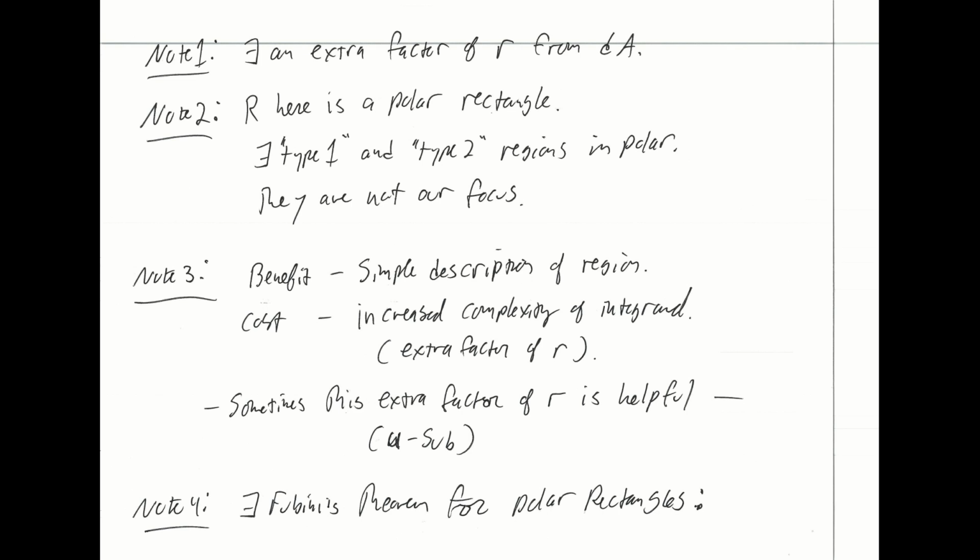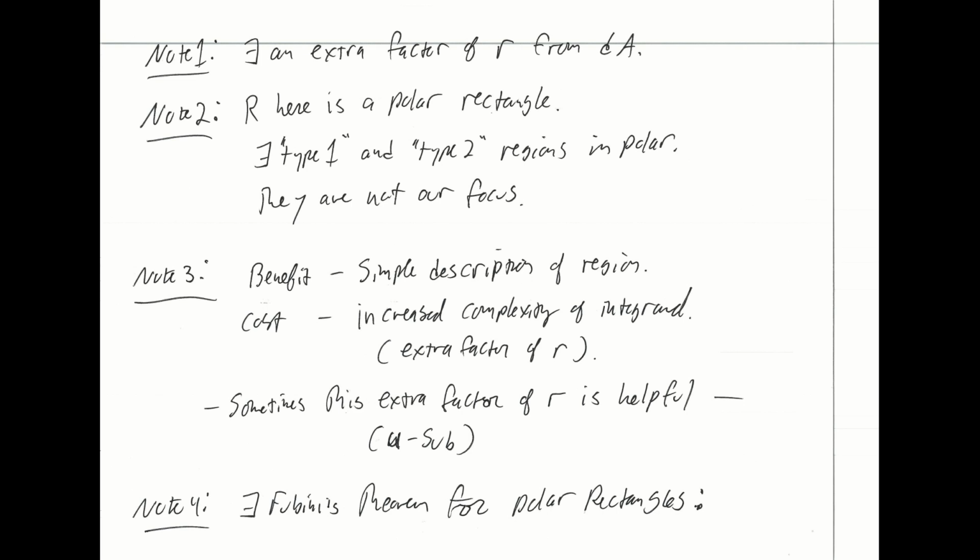Generally, in switching from a rectangular integral to a polar integral, from an integral over a region expressed in rectangular to an integral over a region expressed in polar, there's a benefit-cost analysis. The benefit that you gain is when the region is more naturally expressed in polar than it would have been in Cartesian. So maybe you had a bunch of nasty square root symbols floating around your limits of integration when you tried to write the integral down in Cartesian, but then all of that dissipates and you get nice, lovely, constant limits of integration when you express the region in polar.